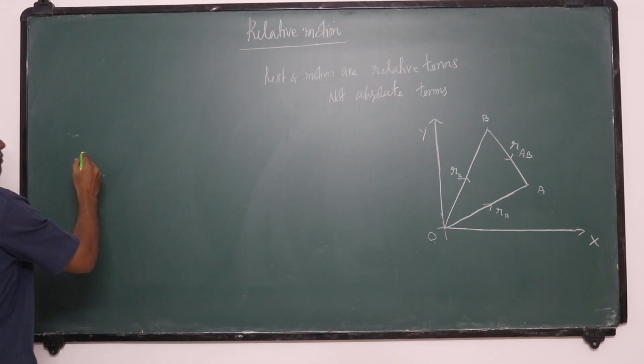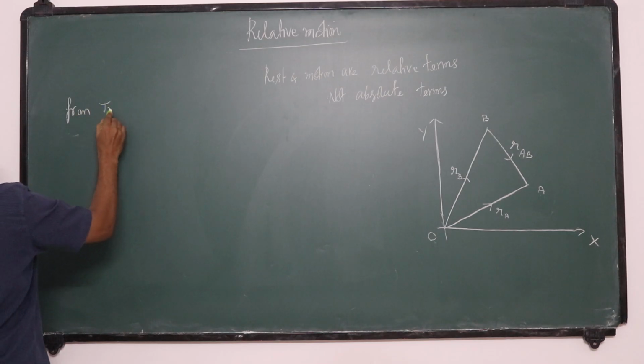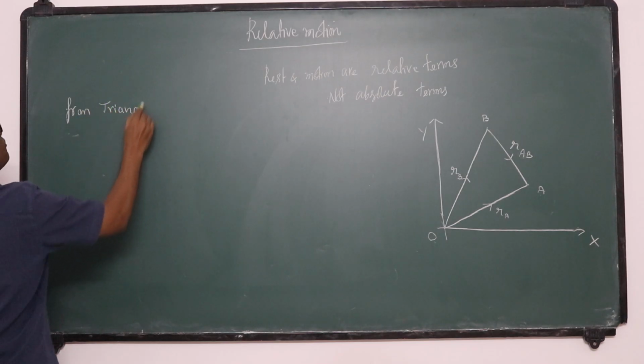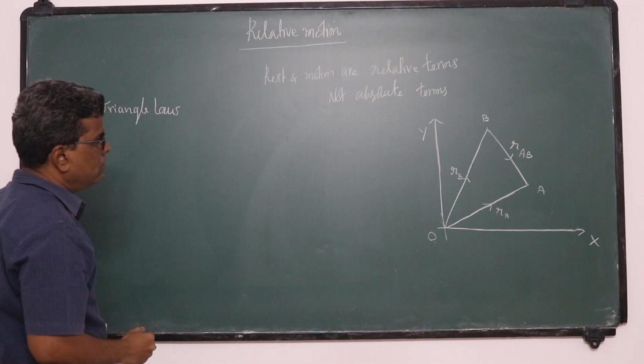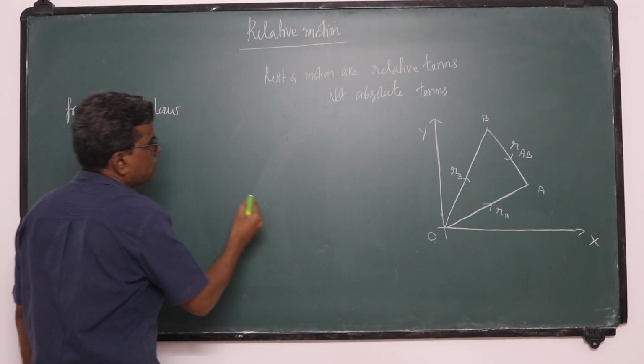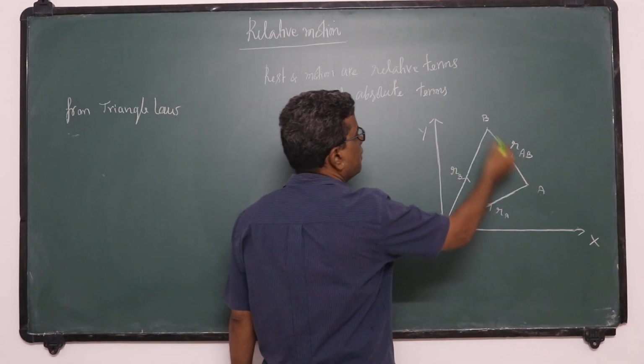So from triangle law in vectors, so this triangle law we have RA, see these three, OAB is a triangle.